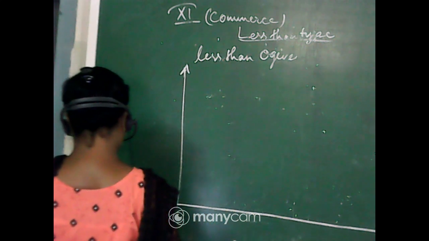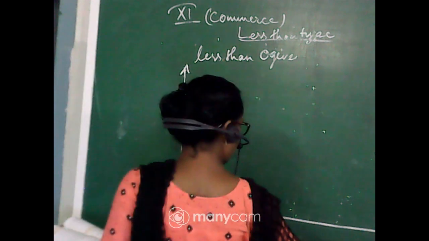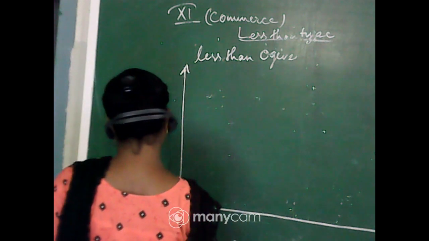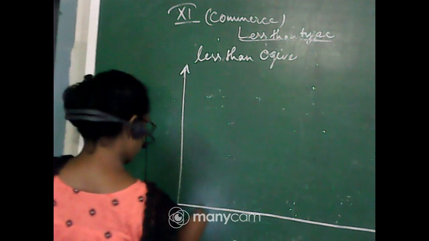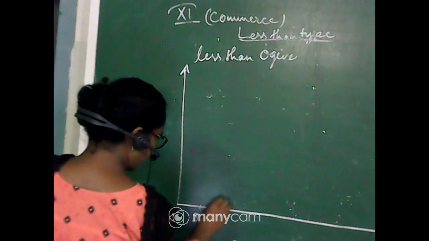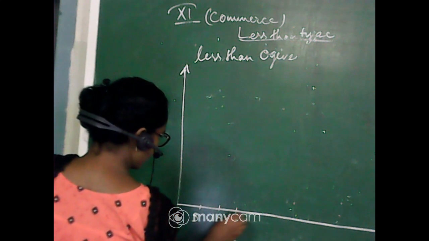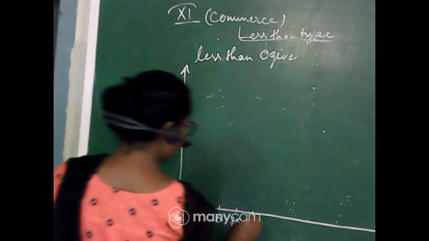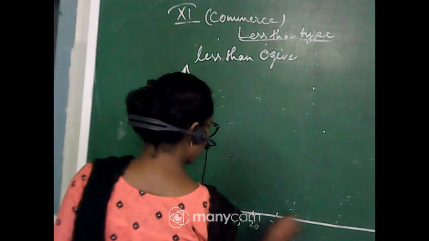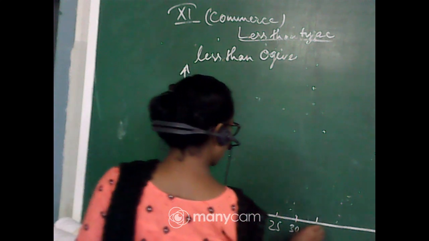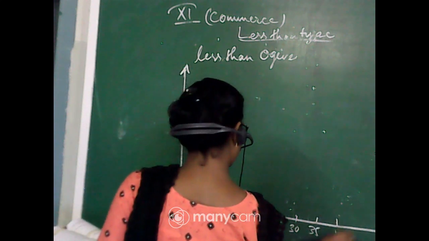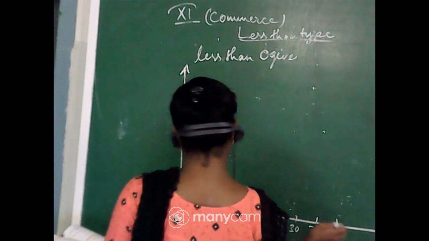Okay, so here we take 0 to 5, 10, 15, 20, 25, 30, 35, 40, like this.